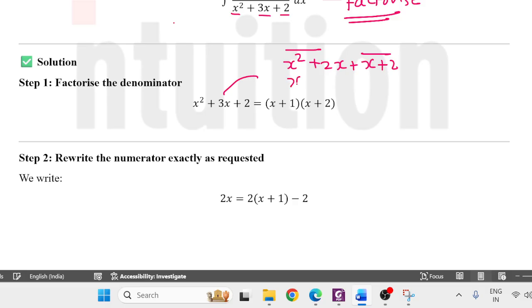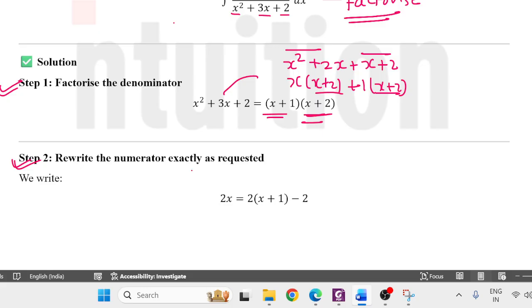If you take x common, it is x plus 2. If you take 1 common, it is x plus 2. From both, if I take x plus 2 common, x plus 1 is left out. That's quite simple. So the first thing is to factorize the denominator, which we did. So this is step 1. What about step 2?